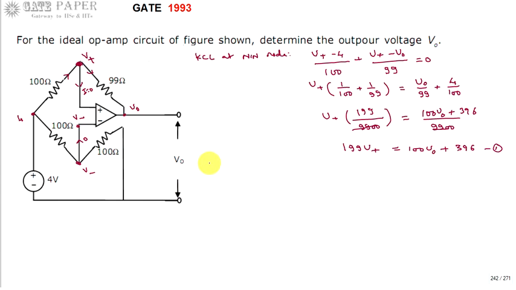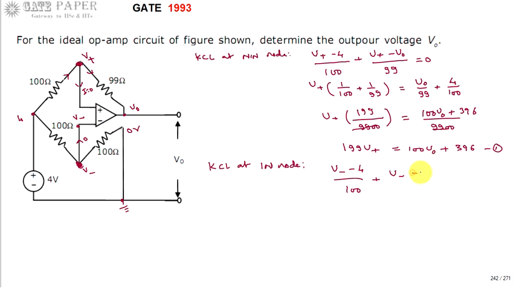Now we apply KCL at the inverting node. So (V minus minus 4) divided by 100 ohms plus (V minus minus the other node) divided by 100. The other node is connected to ground, so it will be at 0 volts.